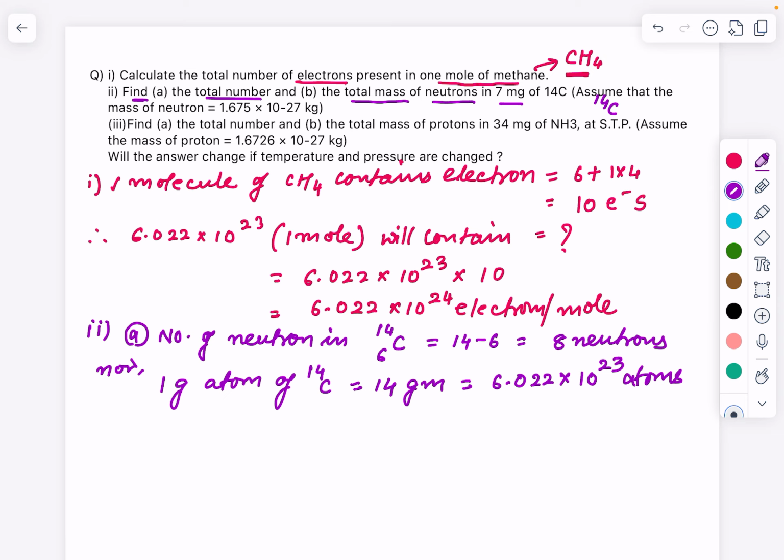Again I am telling, it's 1 gram atom. 1 gram atom of carbon 14 is 14 grams, which is equal to Avogadro number of atoms.